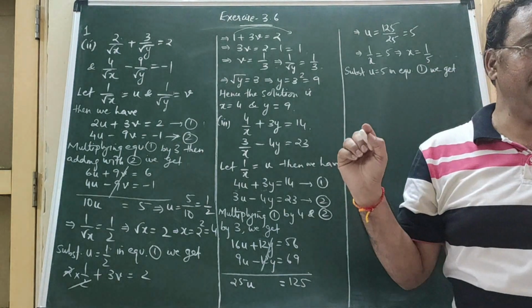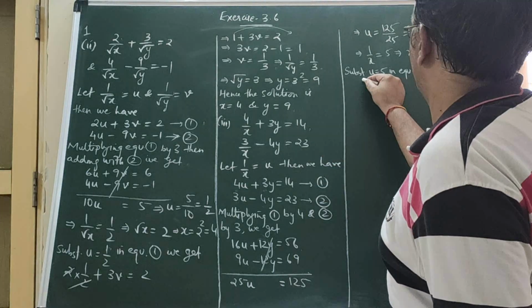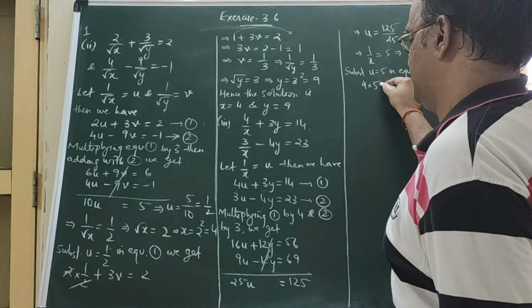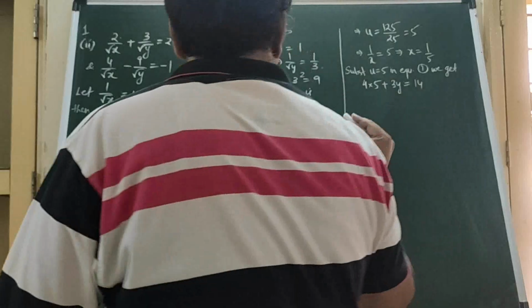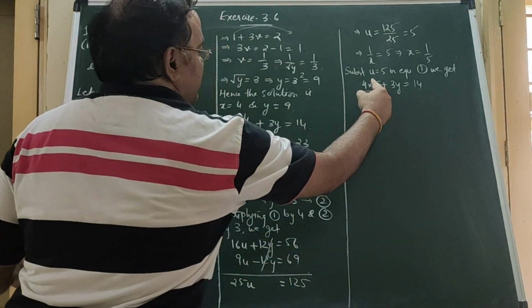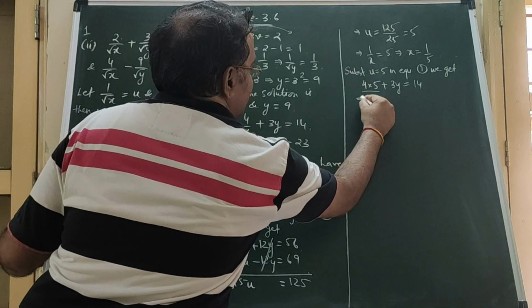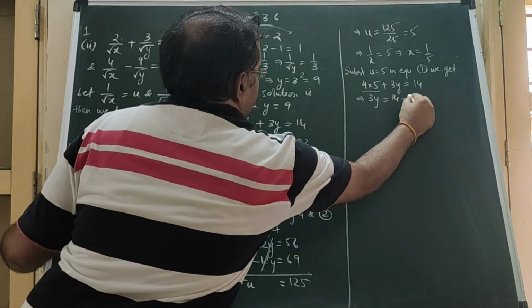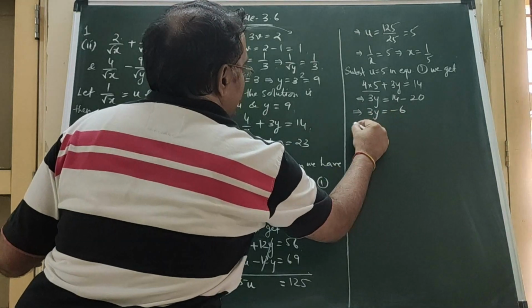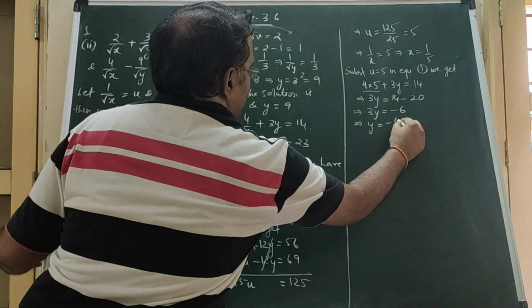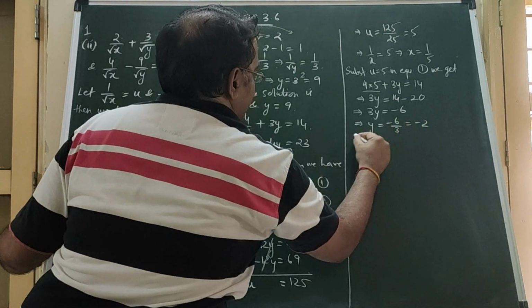We get 4 into 5 plus 3y is equal to 14. Now what is 4 into 5? 20. We'll shift that to the other side, so that will become minus 20. So 3y is equal to minus 6. y is equal to minus 6 by 3, which is minus 2.